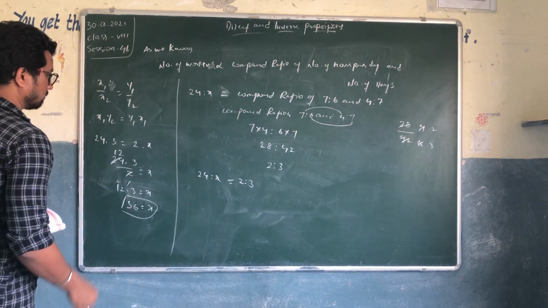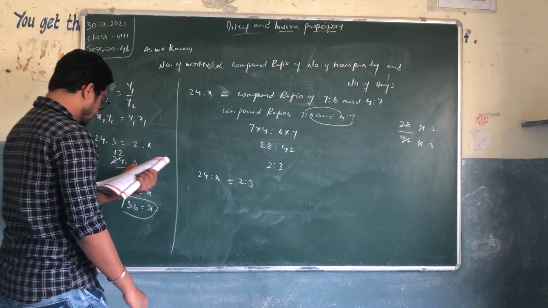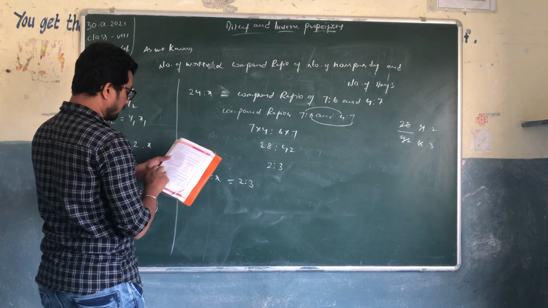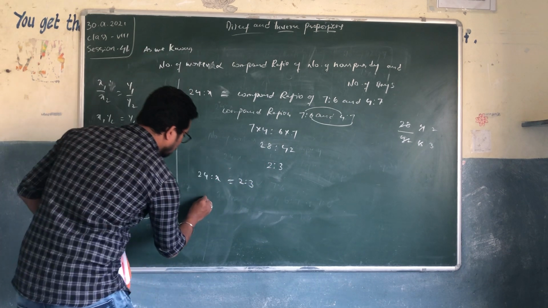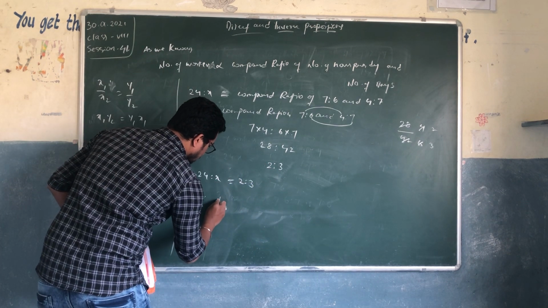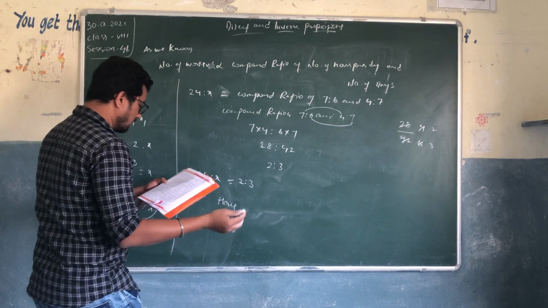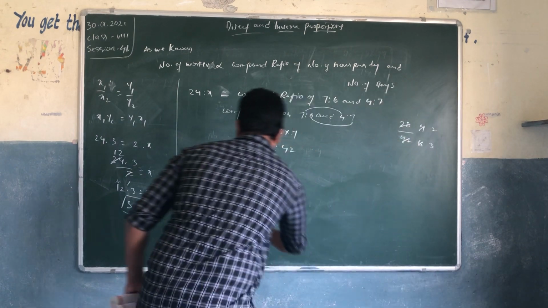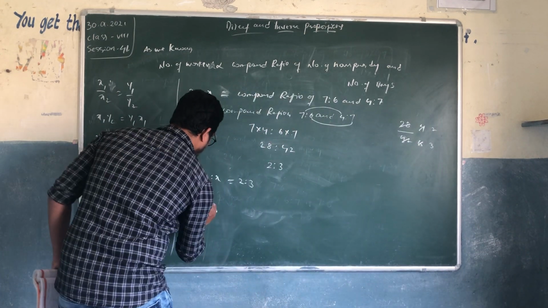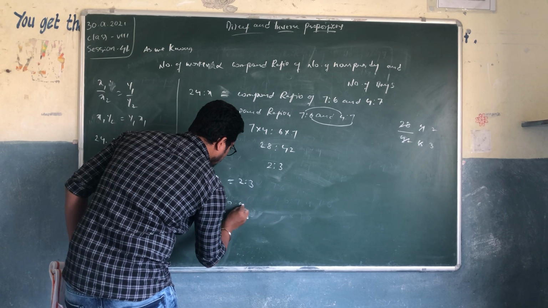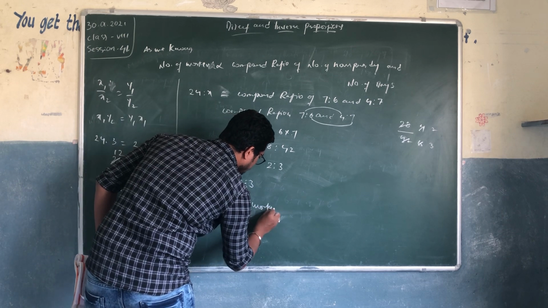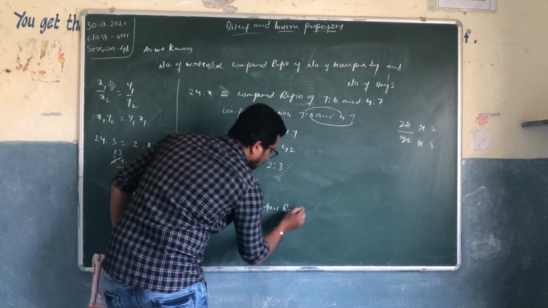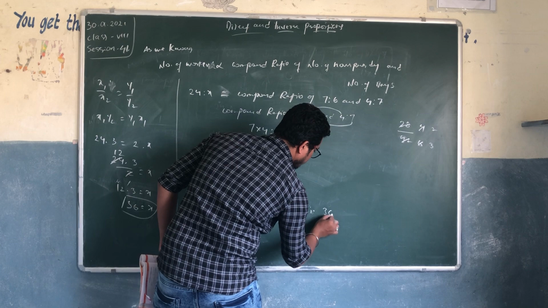Okay, so write down or complete this, and the final step, write down. Last step is therefore. Hence, number of workers required is 36.